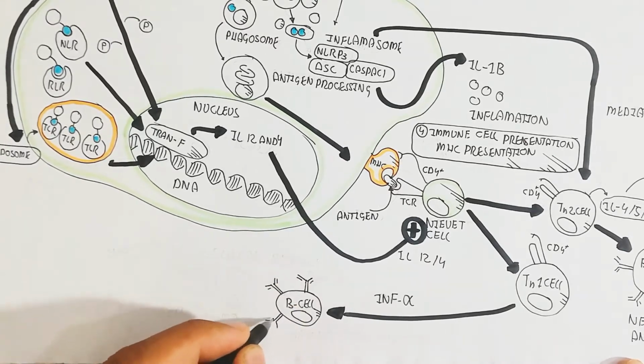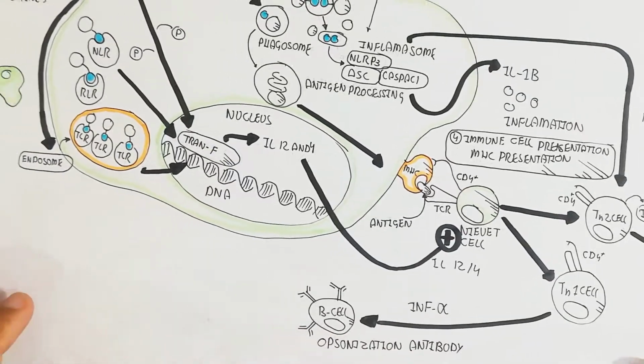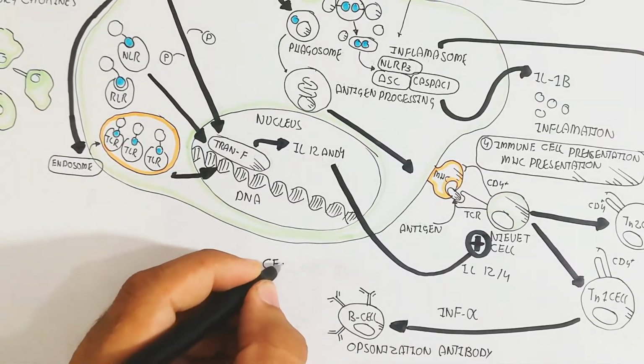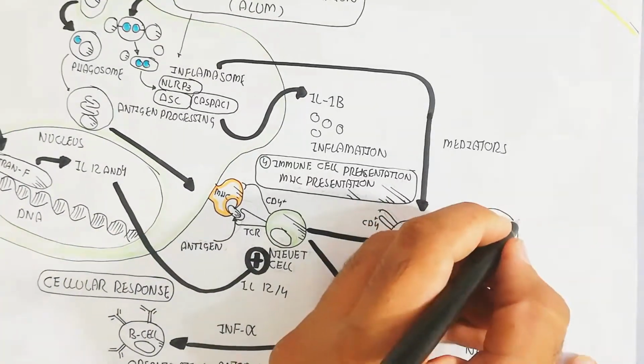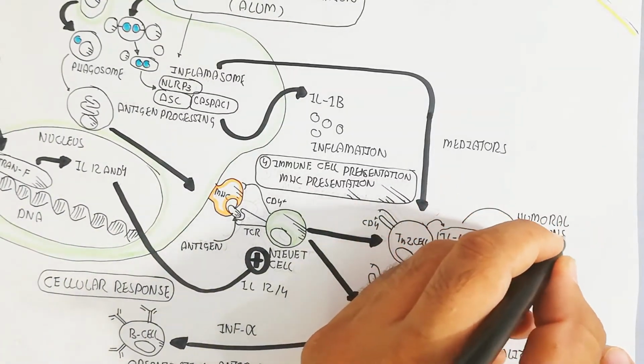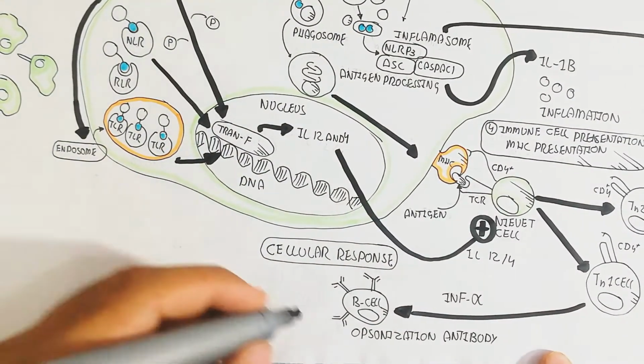Here interferon alpha will also trigger opsonizing antibody through the cellular response. In this cellular response, the B cell will also be recognized through the T helper 1 cell. And after the T helper 1 cell, the B cell produces opsonizing antibody.